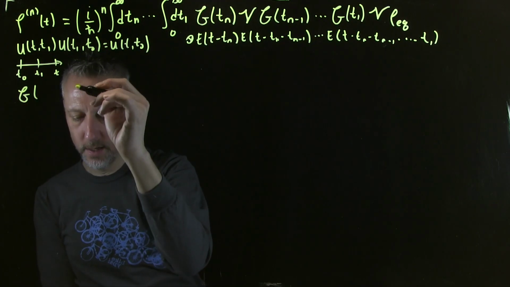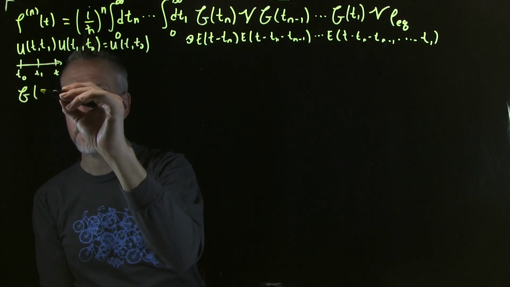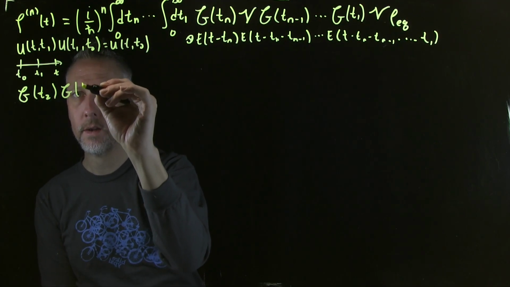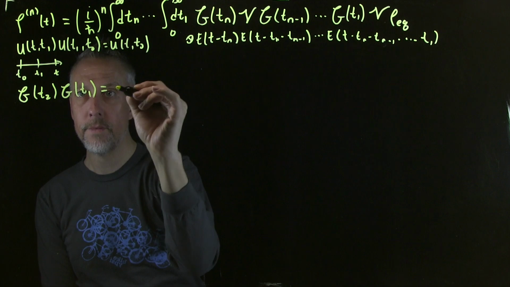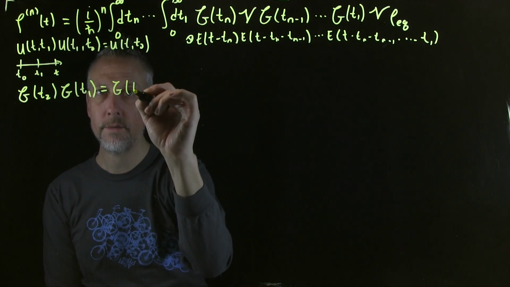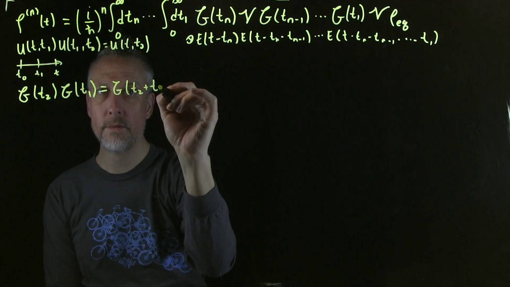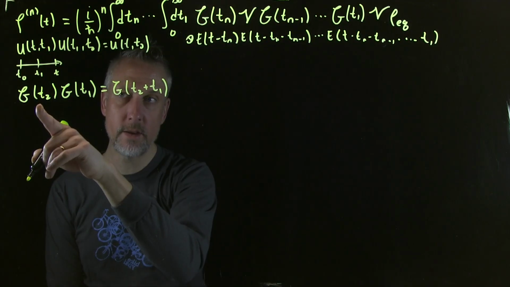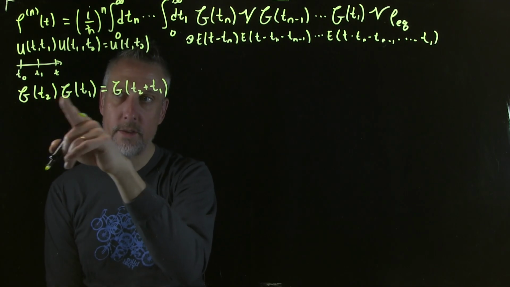So if I have G(t2) times G(t1), this is the same thing as G(t2 plus t1). Here we shifted the cut-on time to t1, and then to t2.